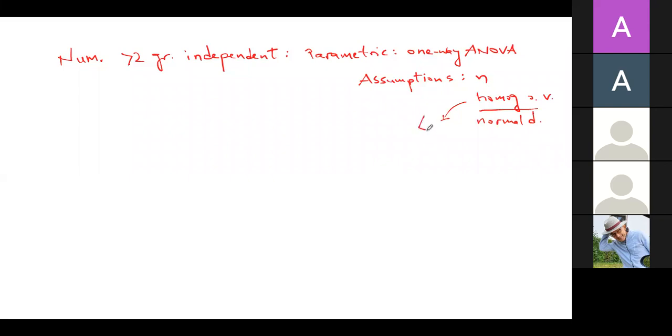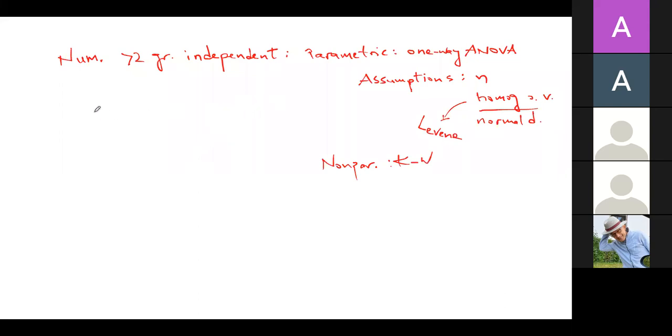Starts with L. Levene's test. And yes, if you cannot meet the assumptions, the non-parametric alternative was? Kruskal-Wallis. Okay.